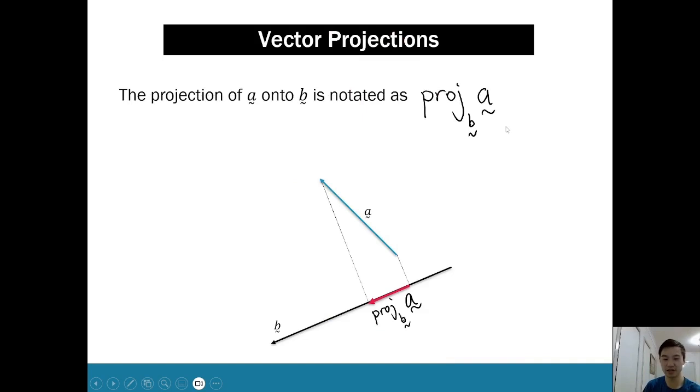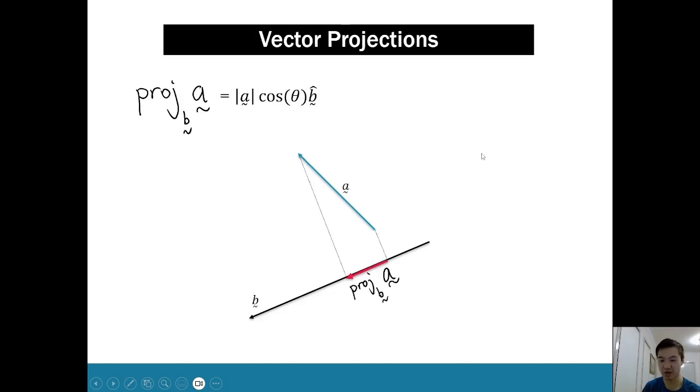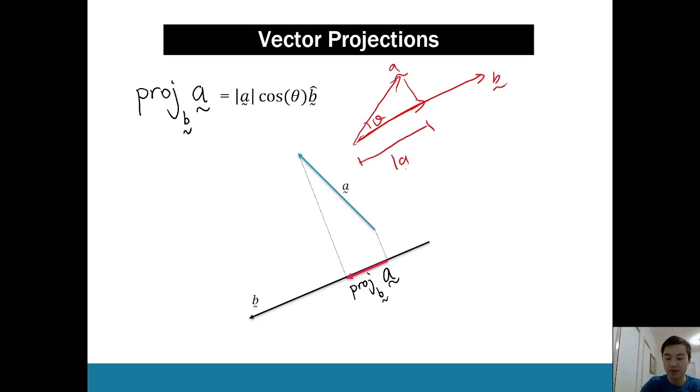The way we notate the projection of A onto B is projection of A onto B, with B in subscript, like so. The formula we use to find the vector projection is as follows. If we're projecting onto B, and this is the angle between B and A, the length here is going to be magnitude of A cos theta, using trigonometry.